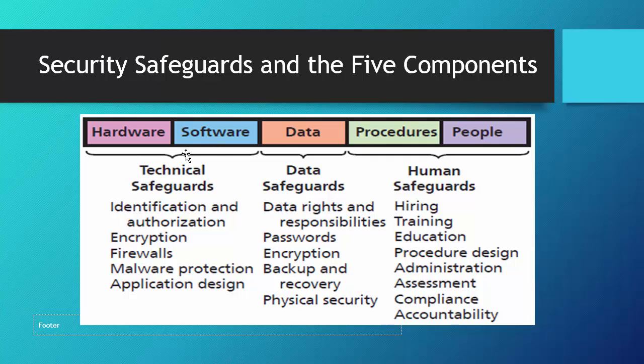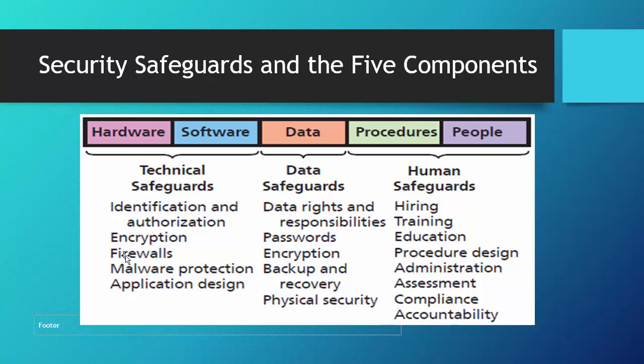For hardware and software, we have technical safeguards in terms of identification and authorization, that is, your user ID and password. We want to make sure the data is encrypted. We can encrypt the data on the hard drive, so even if the hard drive were to leave the building, people wouldn't be able to see what was on it unless they had the key, which is another piece of software that decrypts that encryption.